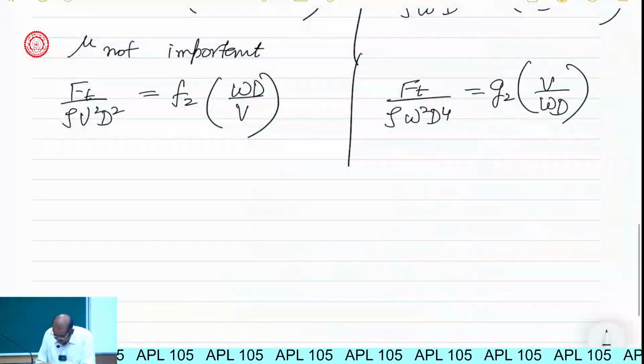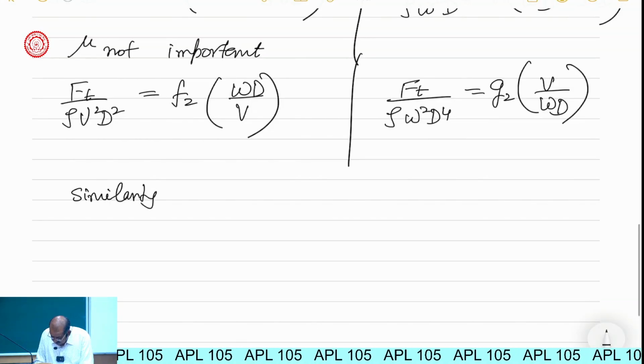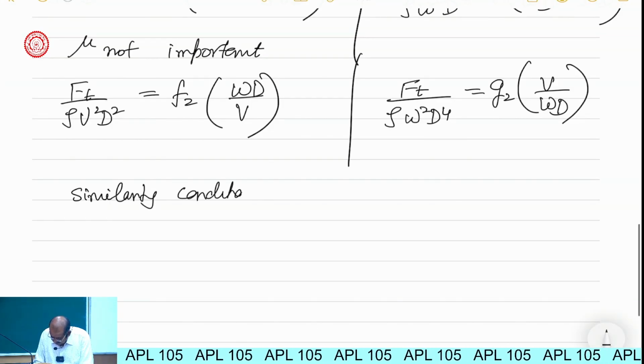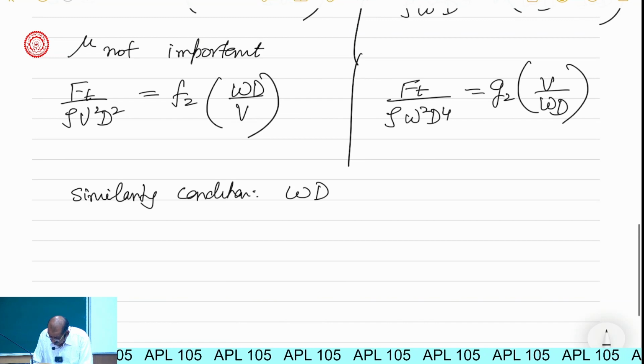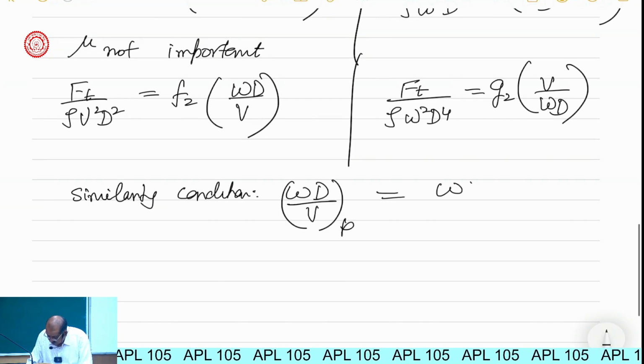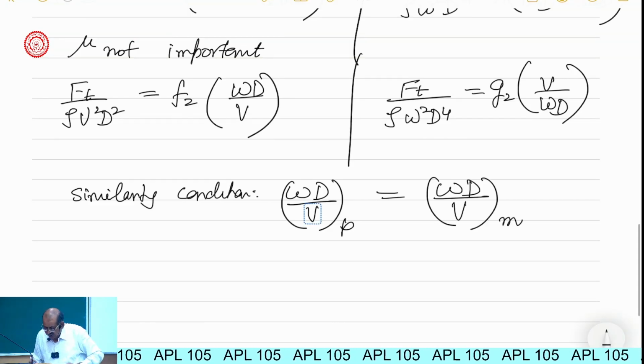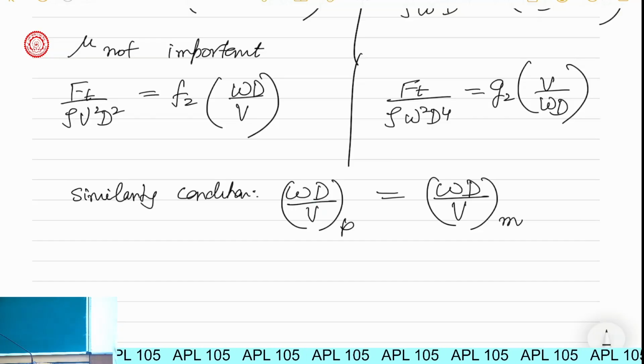Now the condition for similarity will be omega d by v for the prototype is equal to omega d by v for the model.